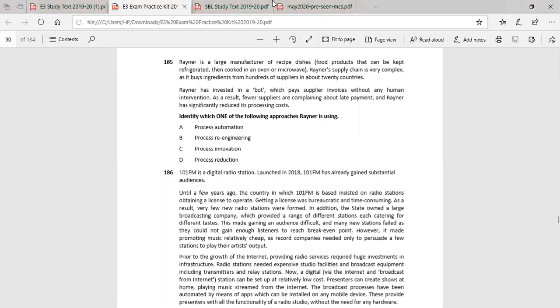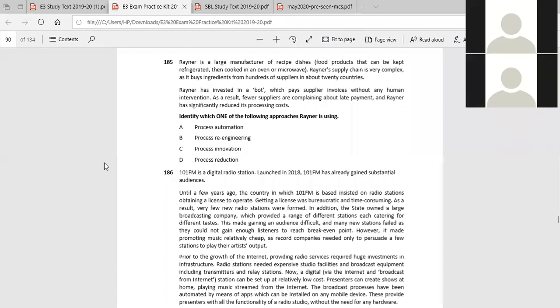Nobody is responding. Okay. A. A is the answer. Process automation. That's the answer. That's right. Process automation.